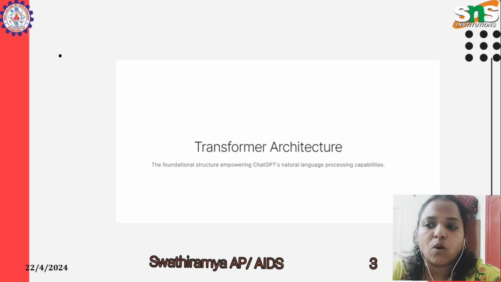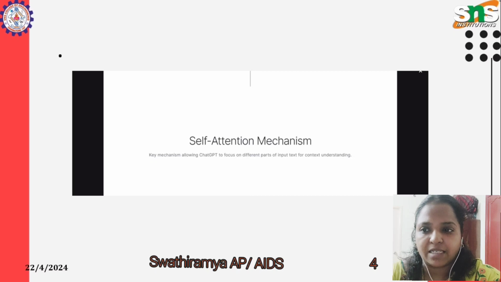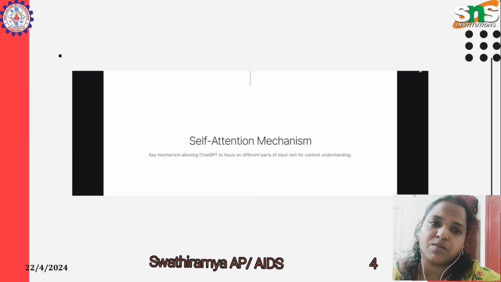Then let's see what the self-attention mechanism is. Self-attention is a mechanism that allows the model to weigh the importance of different words in a sequence. When generating a representation, it calculates the attention score between all the words in a sequence and computes a weighted sum, capturing the relationships and dependencies between two words.